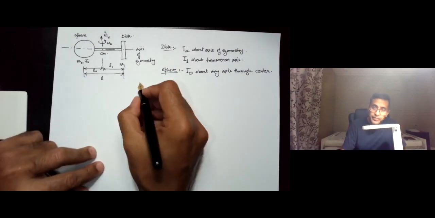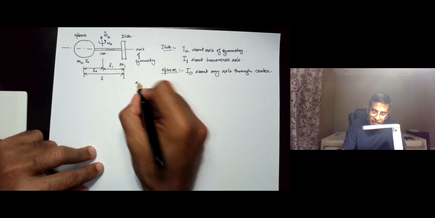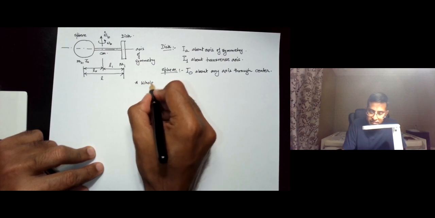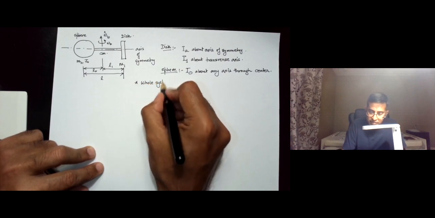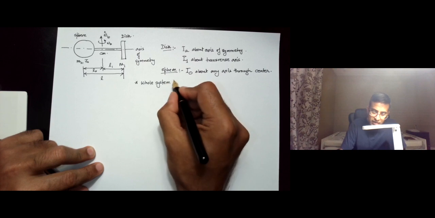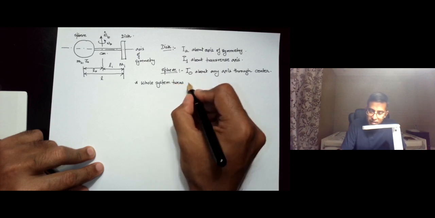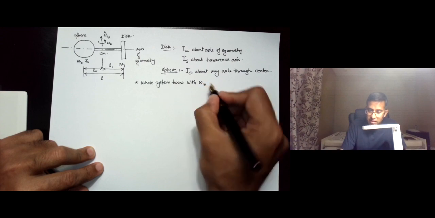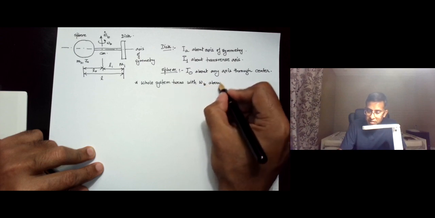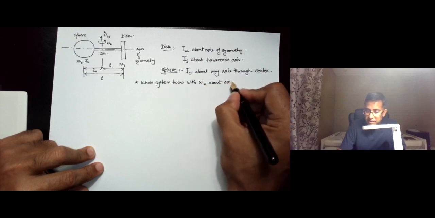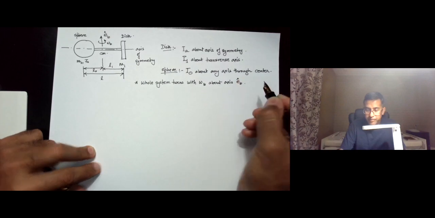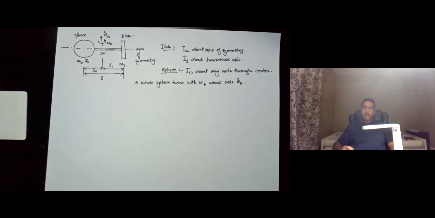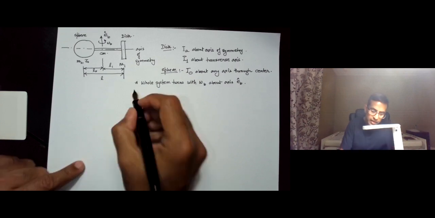So we specify that the whole system turns with omega b about axis EB. And then there is no other motion at the beginning.